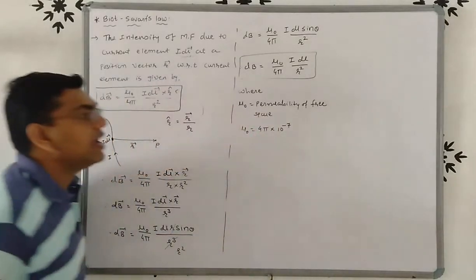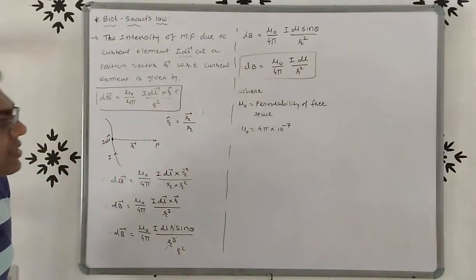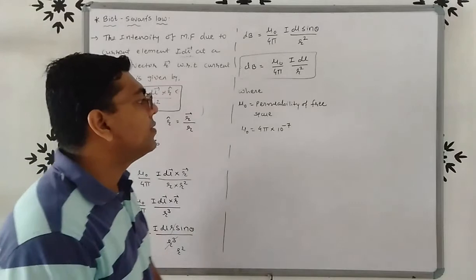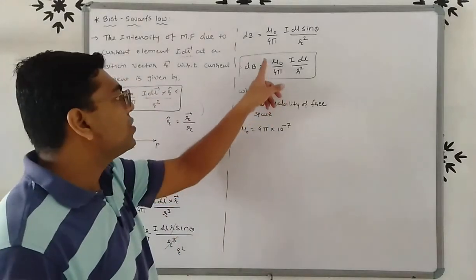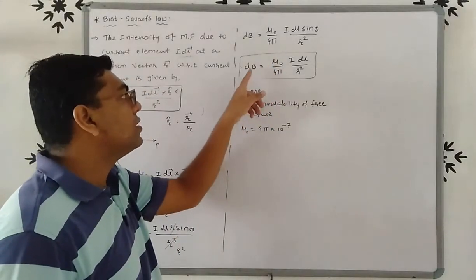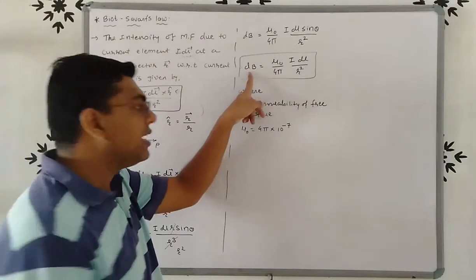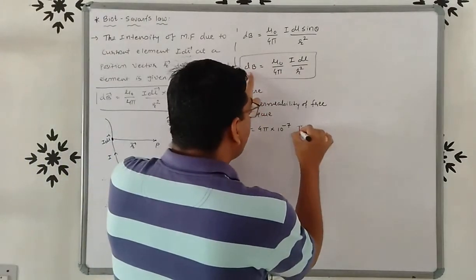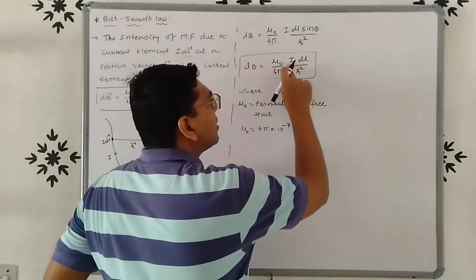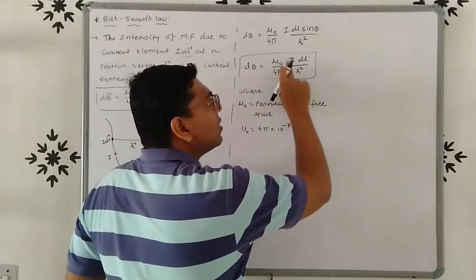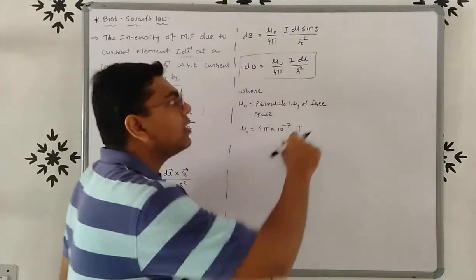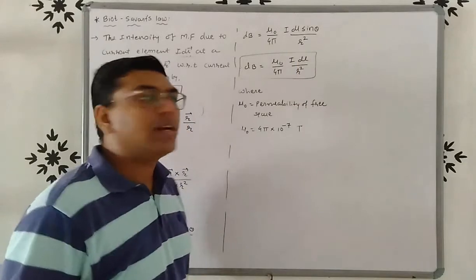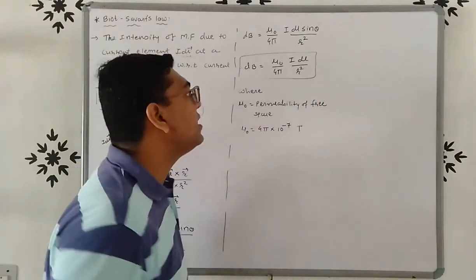4 pi into 10 raised to minus 7, and the unit is, if you rearrange the formula for mu 0, the unit of magnetic field is Tesla, current is ampere, dl is meter and r square is meter square.